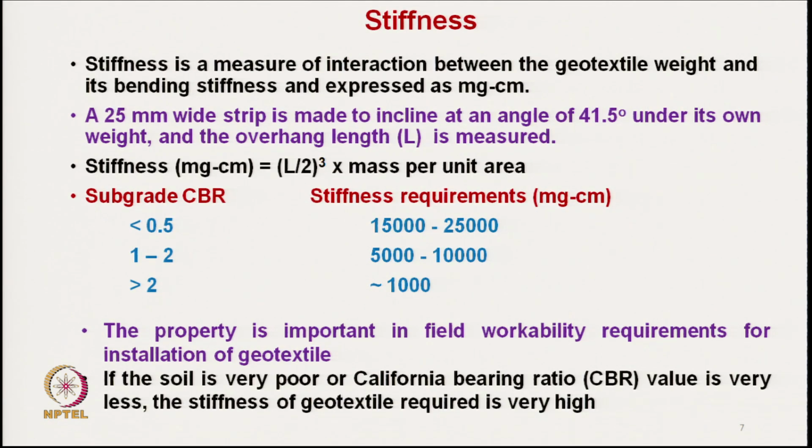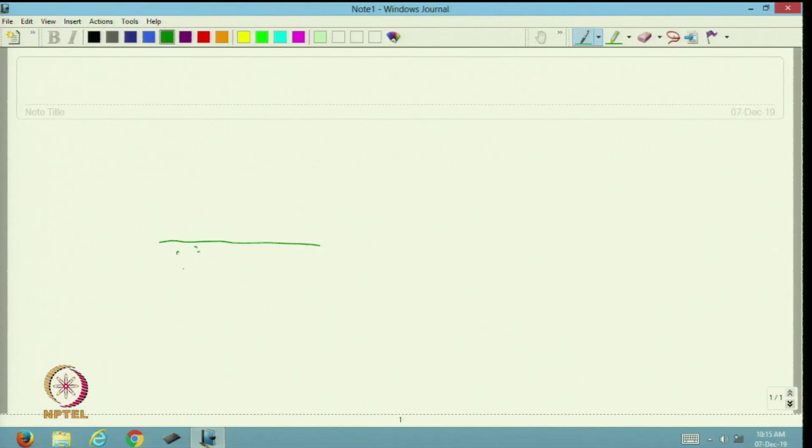Now, how is this stiffness value important for geotextile? Let us assume there are two types of soil. This is soil 1, very soft soil, and here another soil which is hard soil. For these two soils we have to lay geotextiles.